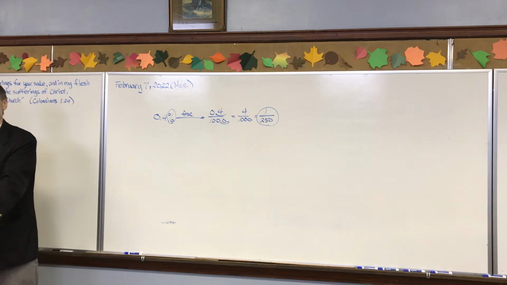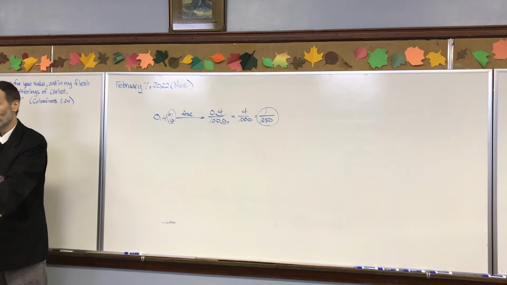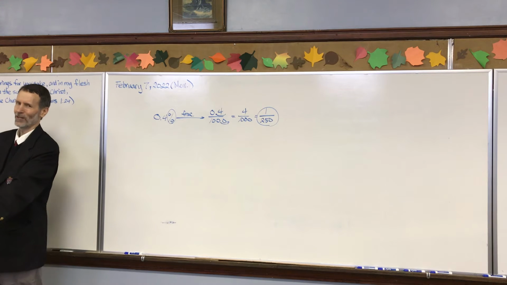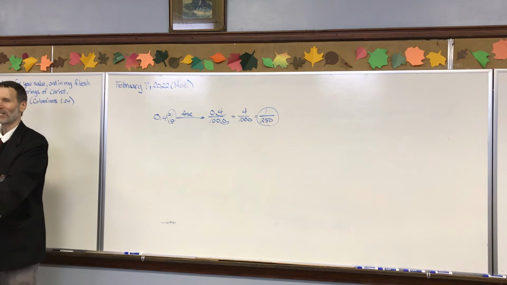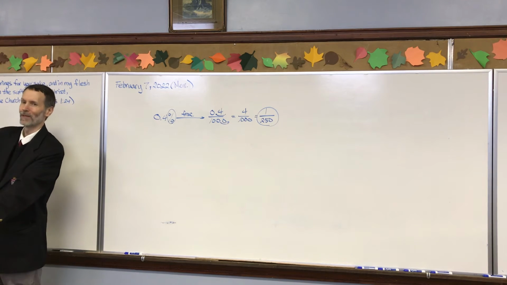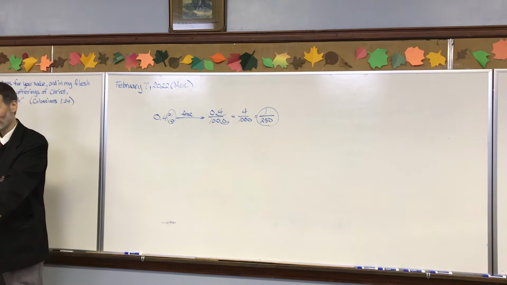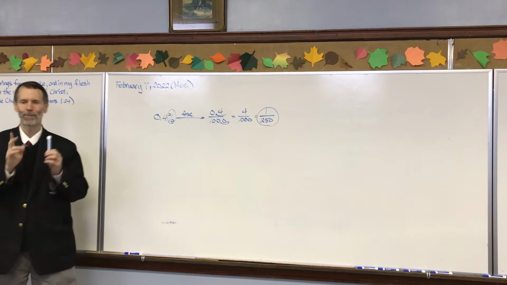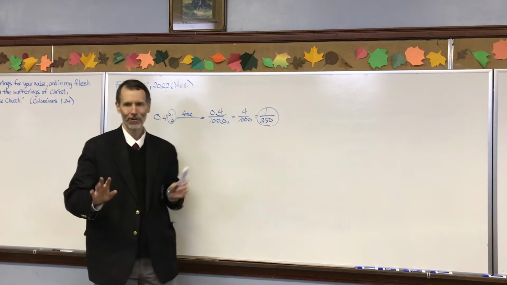Question: were the first 2 irrational? The first is rational and the second is irrational. The first is rational because there's a round number on top and a round number on the bottom, and the decimal will repeat. It's a horrible repeating decimal. It takes 6 digits to repeat, but it does repeat. What's the reason for number 2? The square root of any number that's not a perfect square is guaranteed irrational.